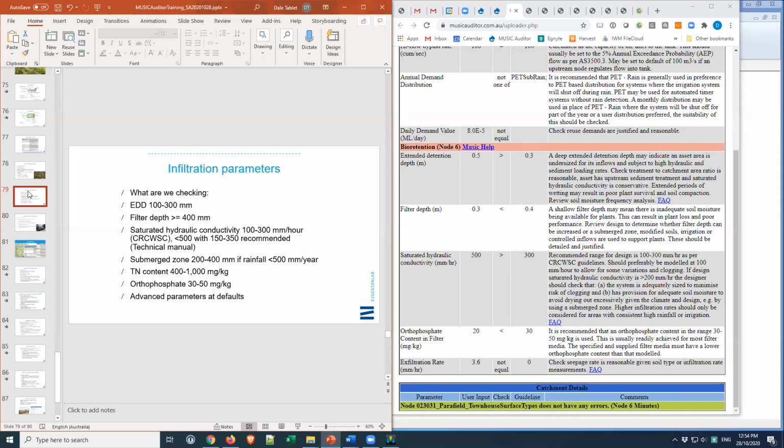Filter depth, again, we're checking that it's preferably on the shallow end, but if you've got an underground infiltration trench that's 1 metre deep and it's 0.5 metre below ground or something like that, there's no reason why you can't have that per se. If it's an infiltration basin, I'd prefer that it's on the shallow side if possible. Once you start going beyond 350 or 400 mil, you need to start thinking about safety considerations for that.